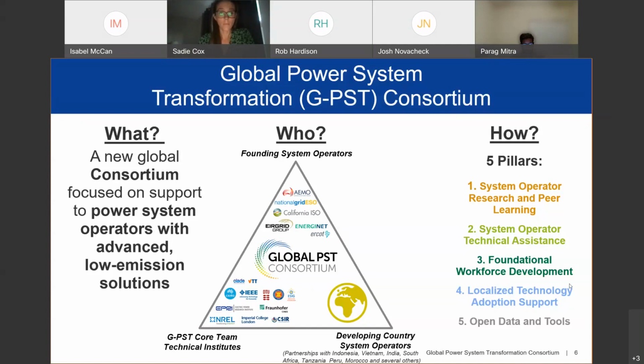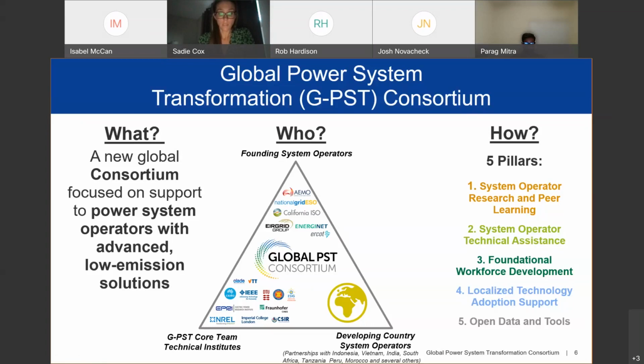And on the slide in the center, you can also see our G-PST partner countries, which includes Indonesia, Vietnam, India, South Africa, Tanzania, Peru, and Morocco. And we're aiming to work with around 15 countries in the first year with support from several different organizations.